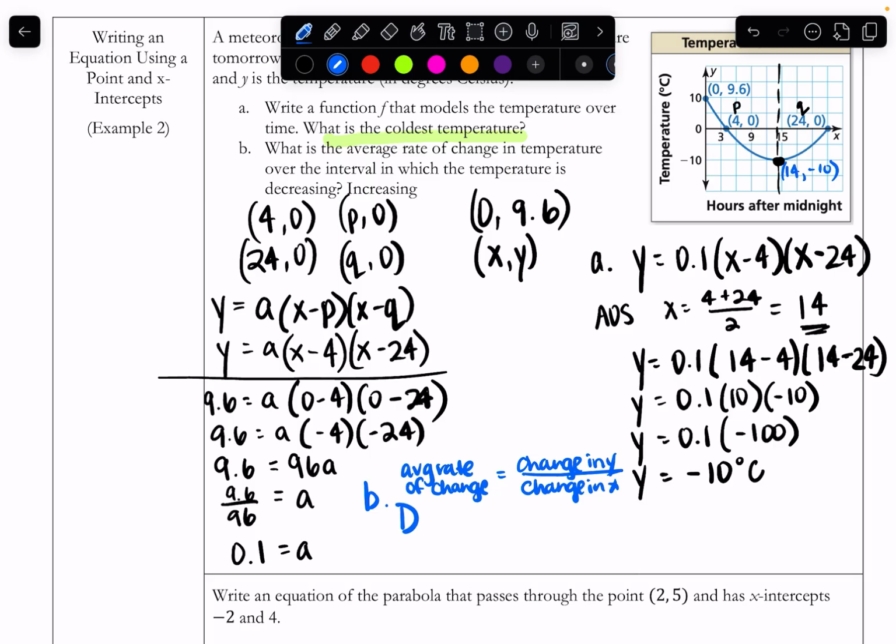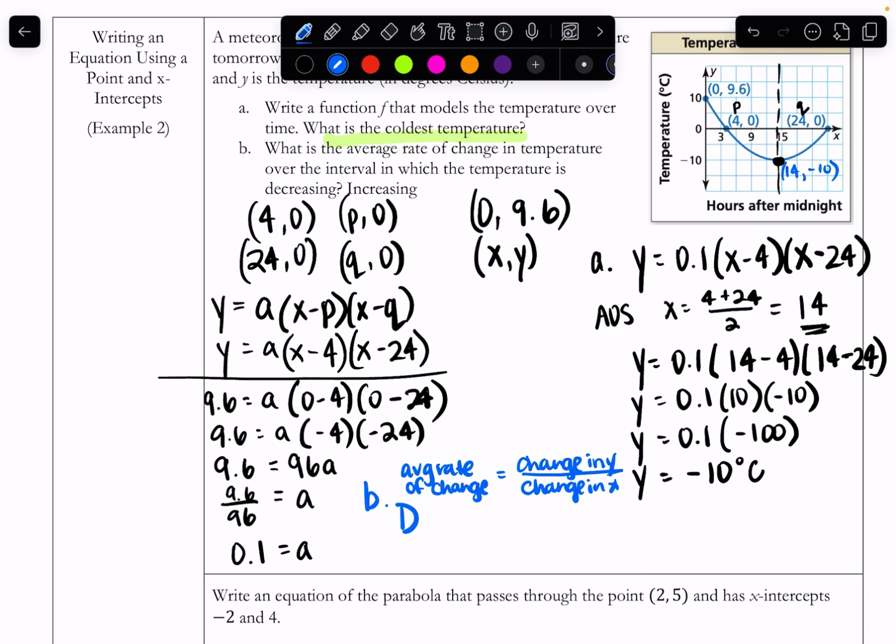The increasing interval is when we hit that minimum temperature and then we continue to rise back up. So that's going to be sometime in the middle of the night as you're approaching morning. The decreasing temperature is going to be as you're leaving evening from the night before into midnight, into sometime 1 a.m., 2 a.m., 3 a.m., something like that.